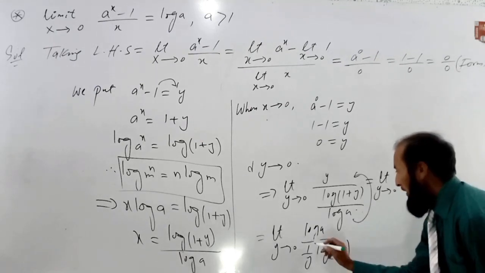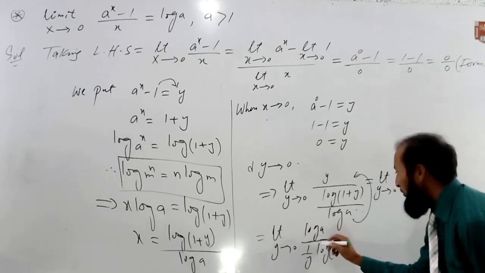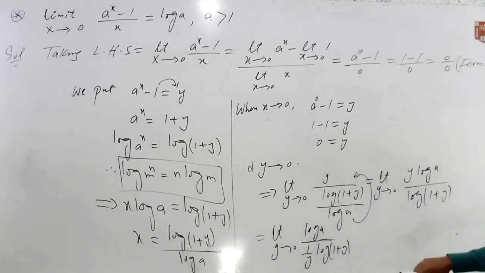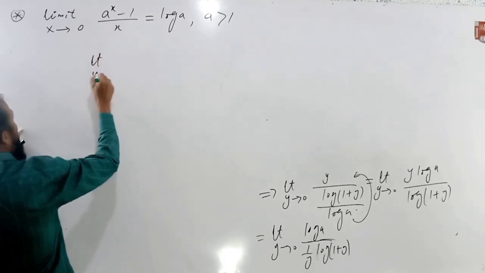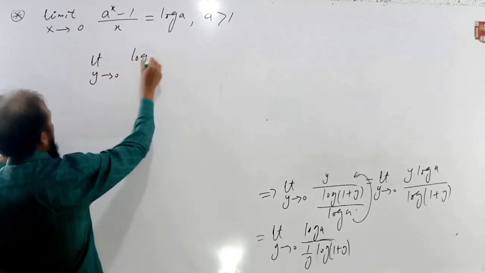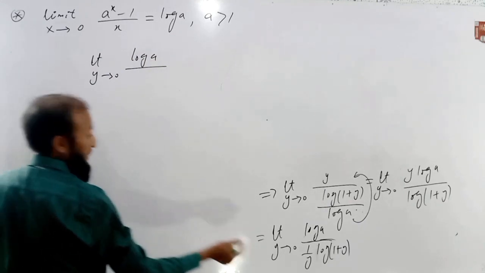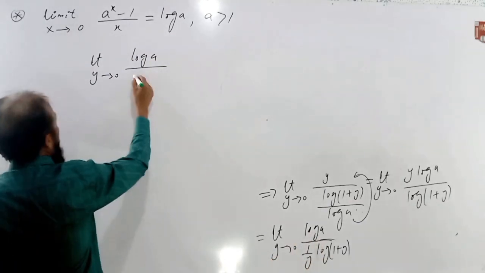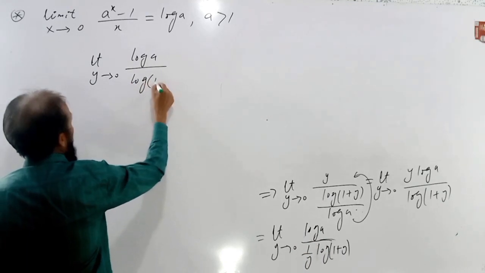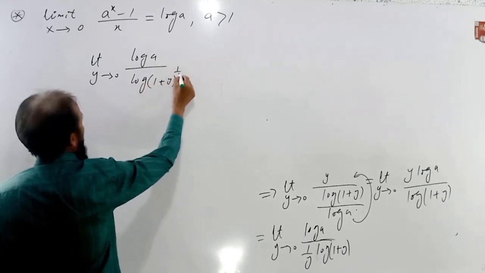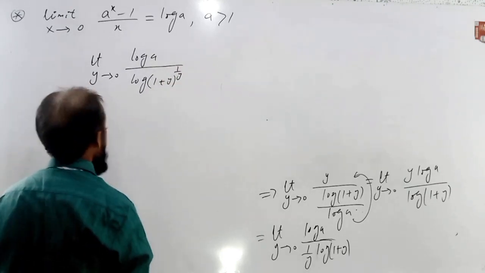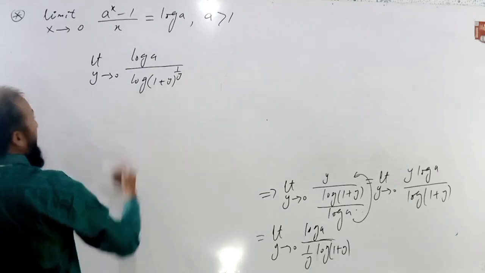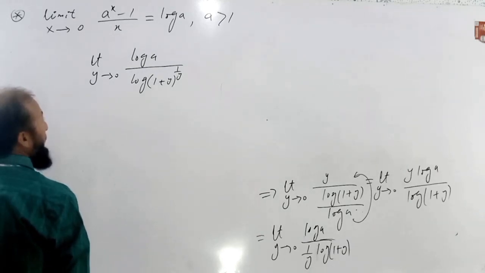We take the reciprocal of this value, so once again we change it. Now according to the power rule, limit y tends to 0, log of a divided by log of 1 plus 1 over y whole power 1 over y, according to the exponent rule.